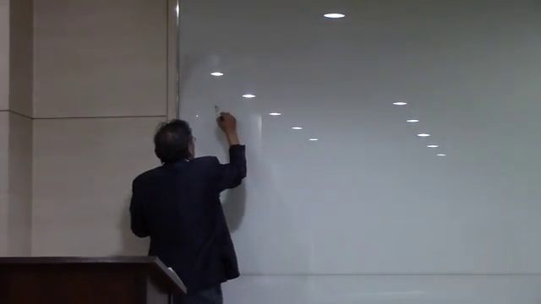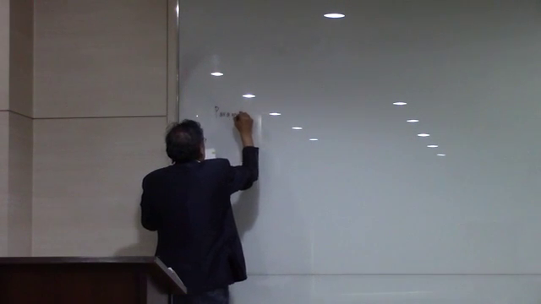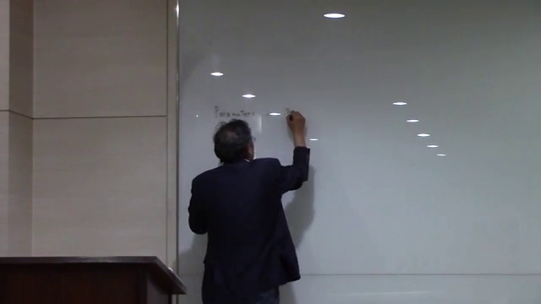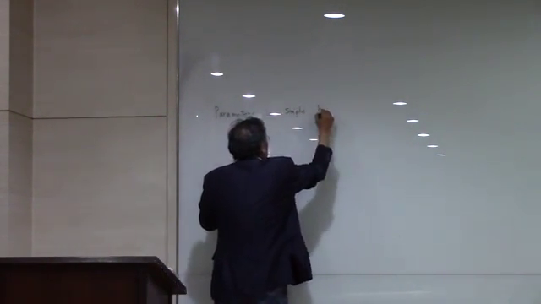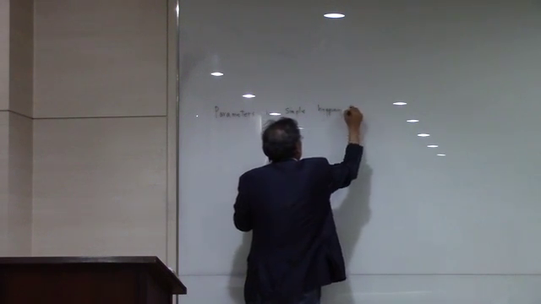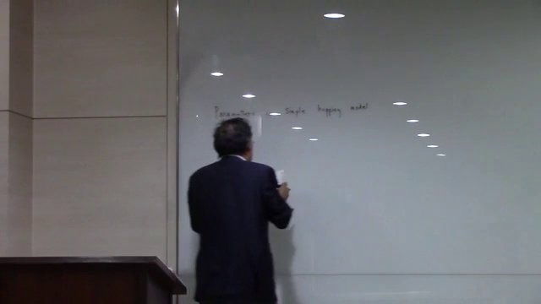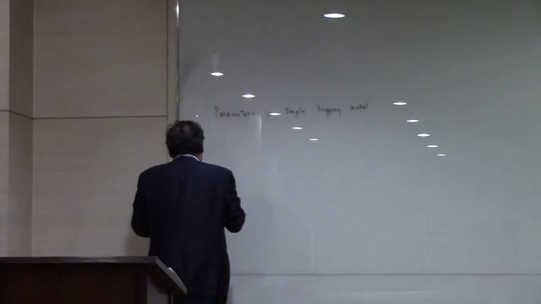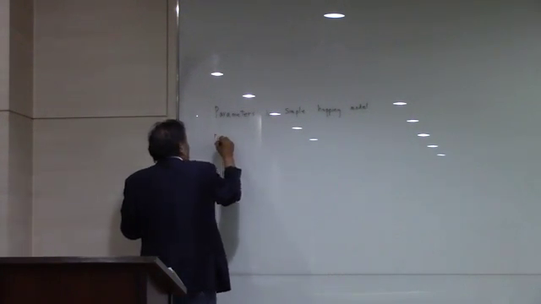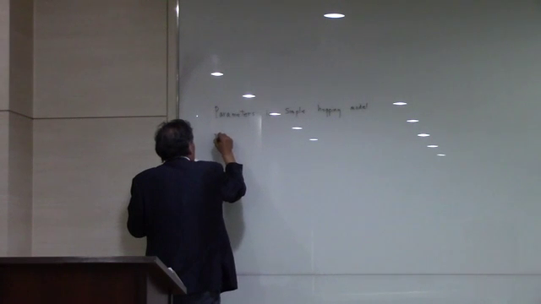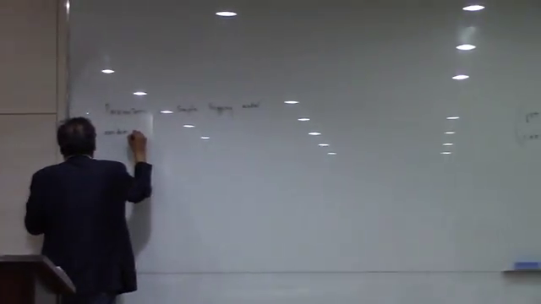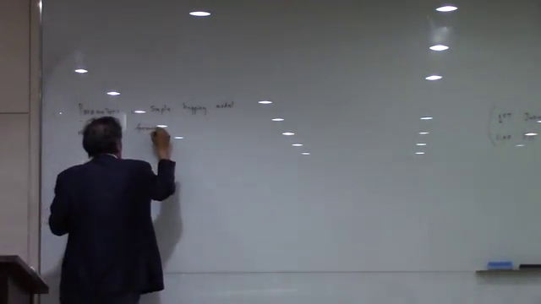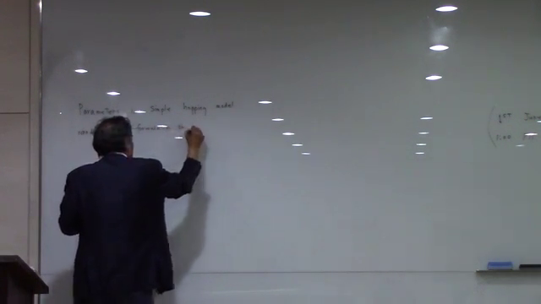And today we are going to discuss the parameters in the simple hopping model. Well, the simple hopping model is nothing but the random walk formulation for defect transport.